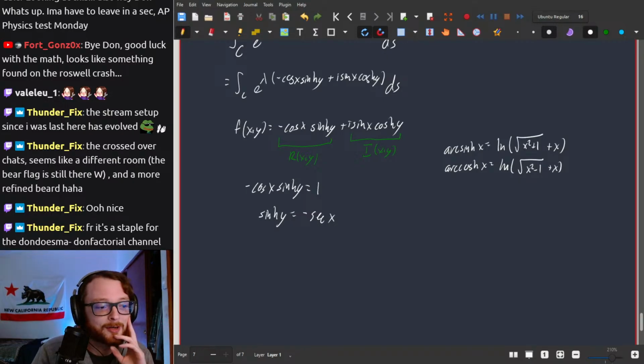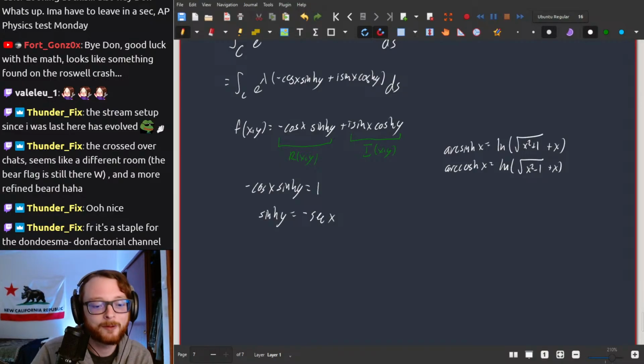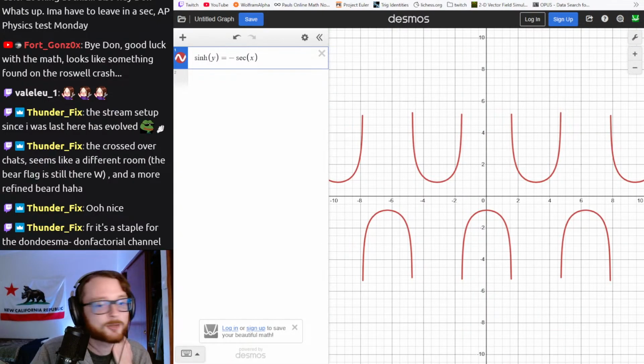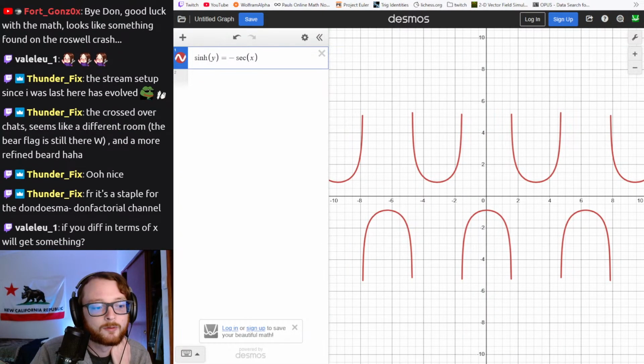Does Desmos do implicit functions? I can't remember. If I give it sinh y equals minus secant x... Ooh, it actually does do implicit functions.